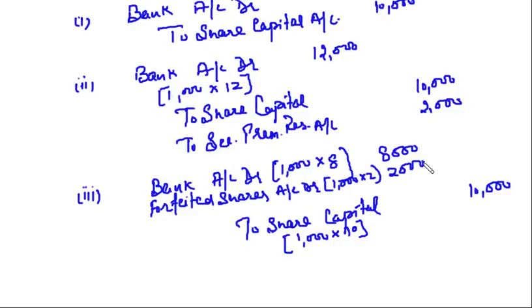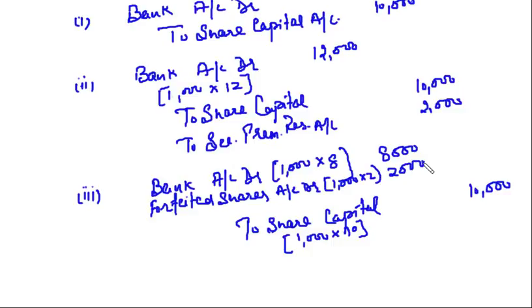You have the money in the forfeited shares account that is kept separate. That was the money received on the original issue of shares. So you have received in bank 8000 rupees, and the 2000 rupees discount given to the public on the reissue of forfeited shares will be met through the forfeited shares account.